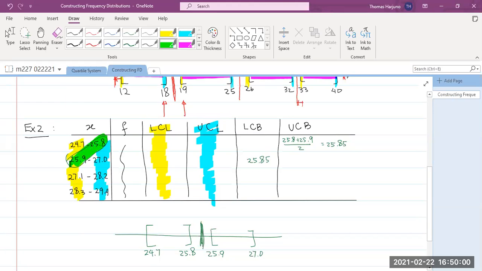Get the midpoint of these two numbers. Unfortunately, our textbook does not do this. The way they did the frequency distribution is not the right way, at least that's not what they're supposed to write.